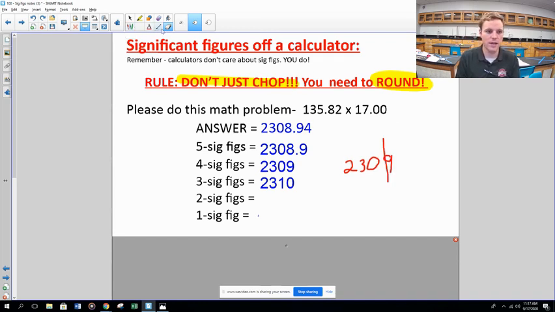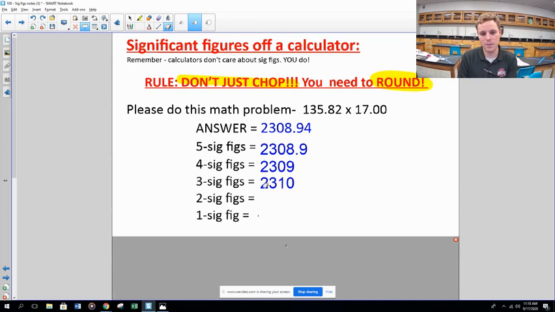They might be like, okay, well, that 9 tells my 1, so 2309, that 9 tells this 1 to round up. So I'm going to write that 0 as a 1, and so I'll call this 231 or something like that. If you're getting a little confused, that's fine because this is a mistake that you don't want to make. The point is you just don't want to chop this off.